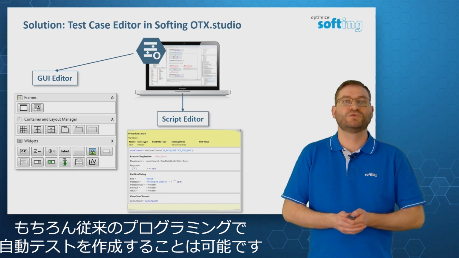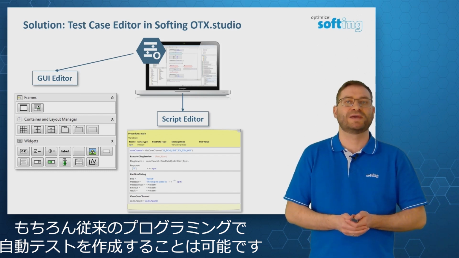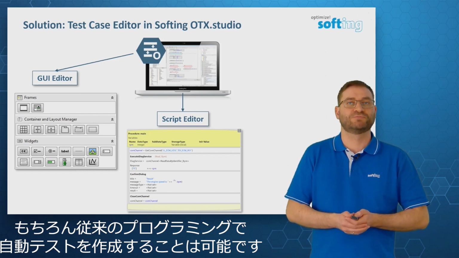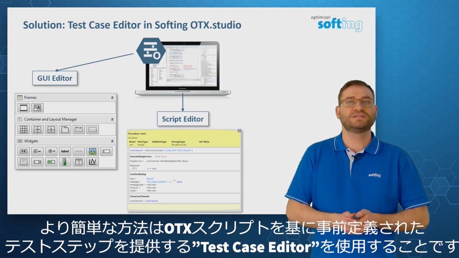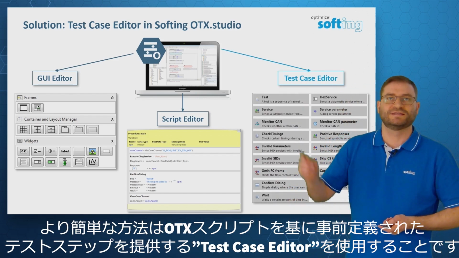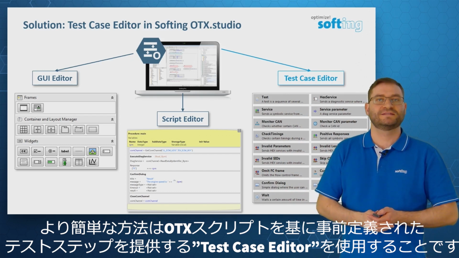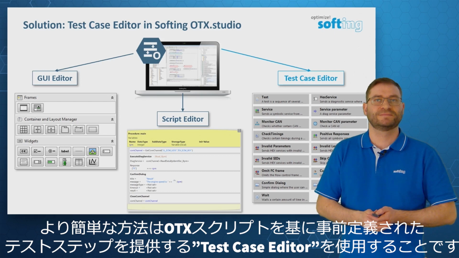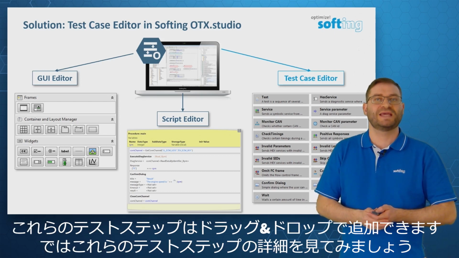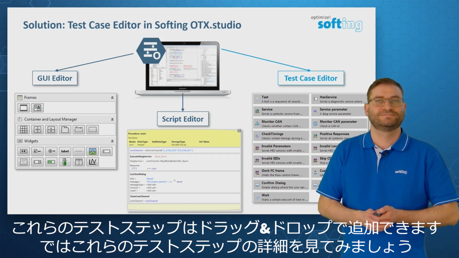Of course, it would be possible to create automated tests by traditional programming, but the easiest way is to use the test case editor, which provides predefined test steps based on OTX scripts. These test steps can be added by drag and drop. Let's have a closer look into these test steps.